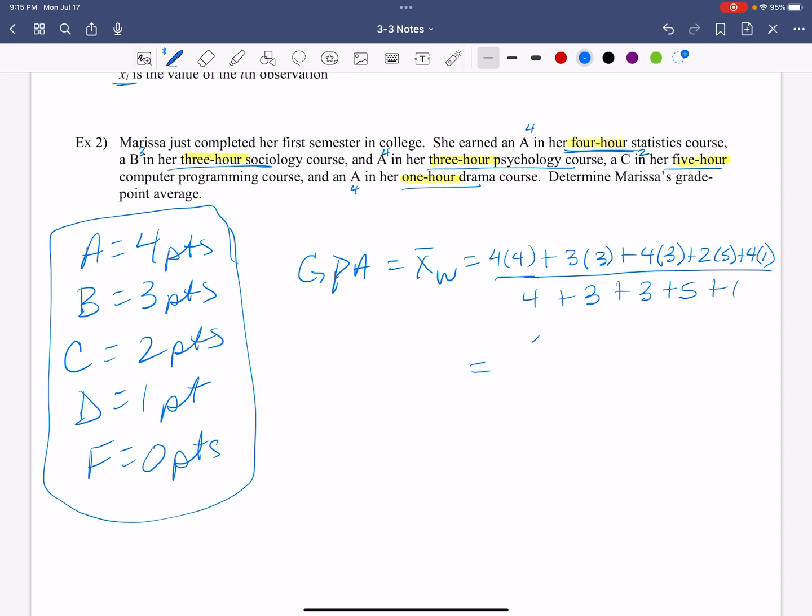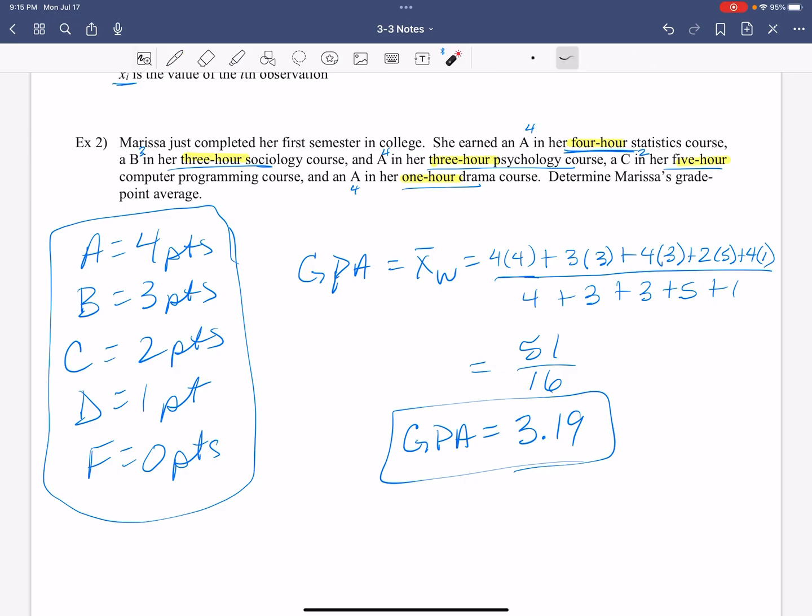So this is equal to 51 when you plug that into your calculator over 16 because she took 16 credit hours that semester. And so then her GPA for her first semester in college is a 3.19. Now I want to point something out to you. She had an A in stats, a B in sociology, an A in psychology, an A in drama.